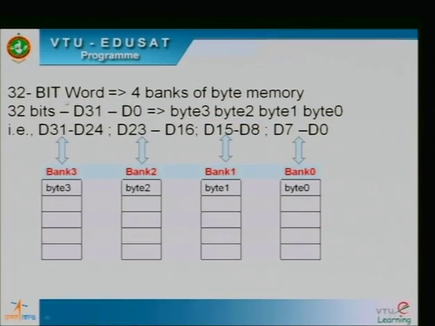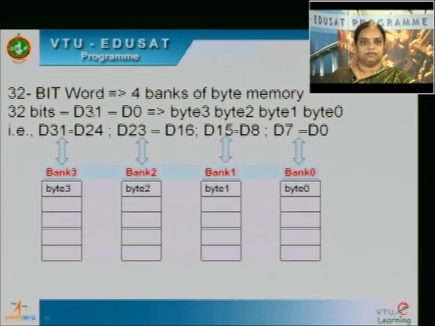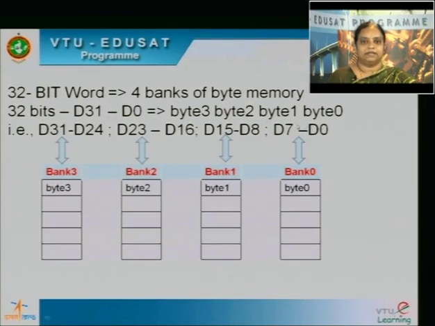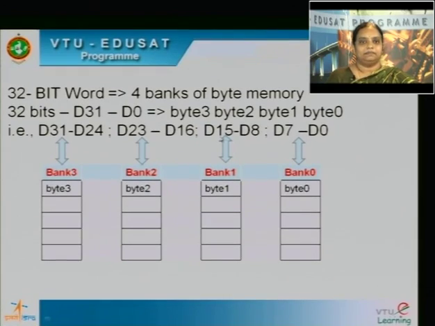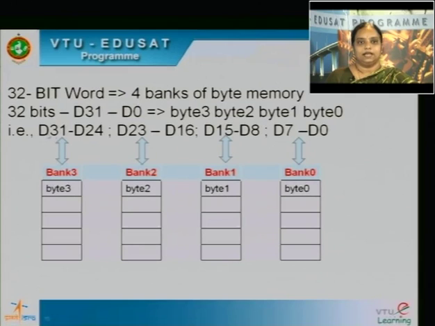And if we have to store a 32-bit word, instead of 2 banks we can increase it to 4 banks. 4 chips will be accessed at the same time, so I get 4 bytes of data. Why do we require 4 bytes of data? With 32 bits, you have the data as D0 to D31. You can split it up as 4 bytes. Byte 0 is D0 to D7, another 8-bit data is D8 to D15, then D16 to D23, and so on.